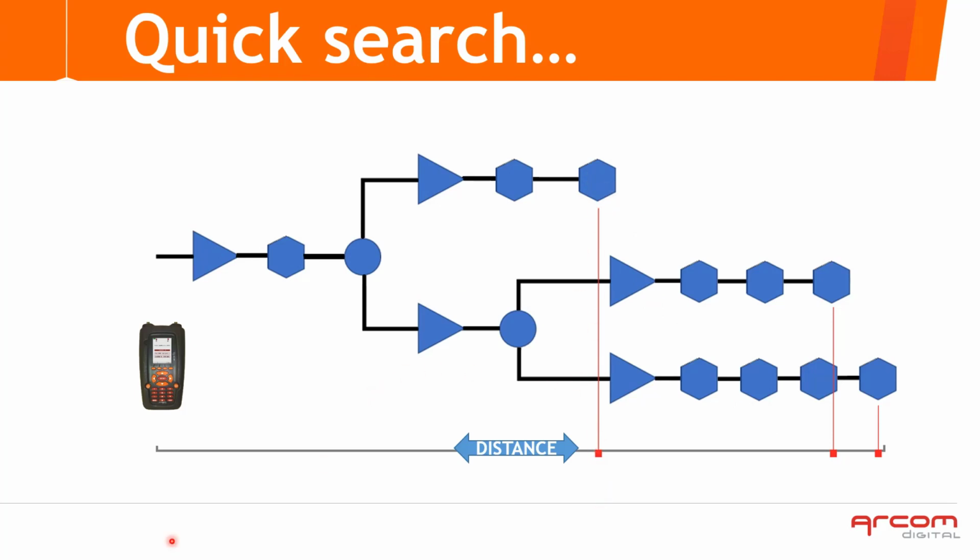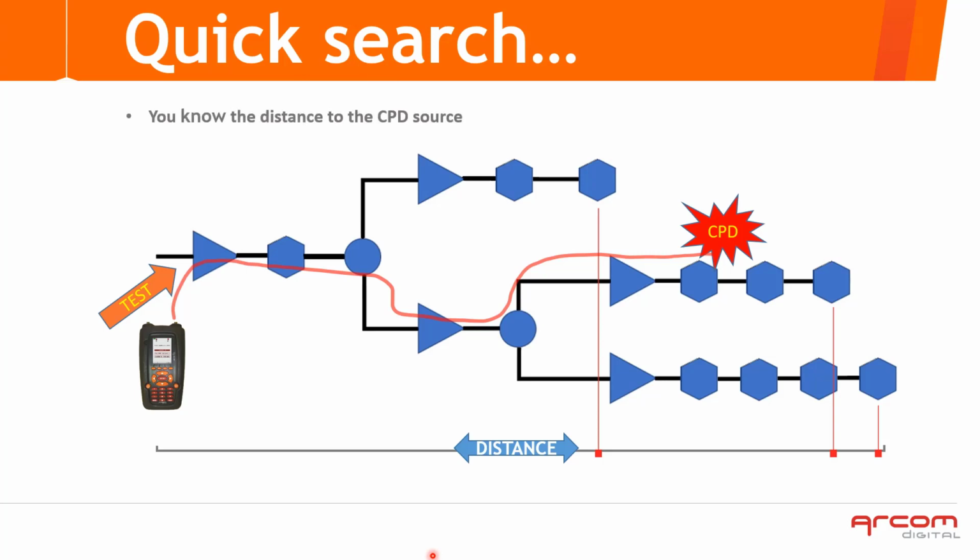So when you test from a fiber node or from some amplifier, and you get information about the distance to the CPD source, let's say the CPD source is at this tap. You can judge by the distance indicated on the meter that this source will not be in this part of the network. It can be either here or here.